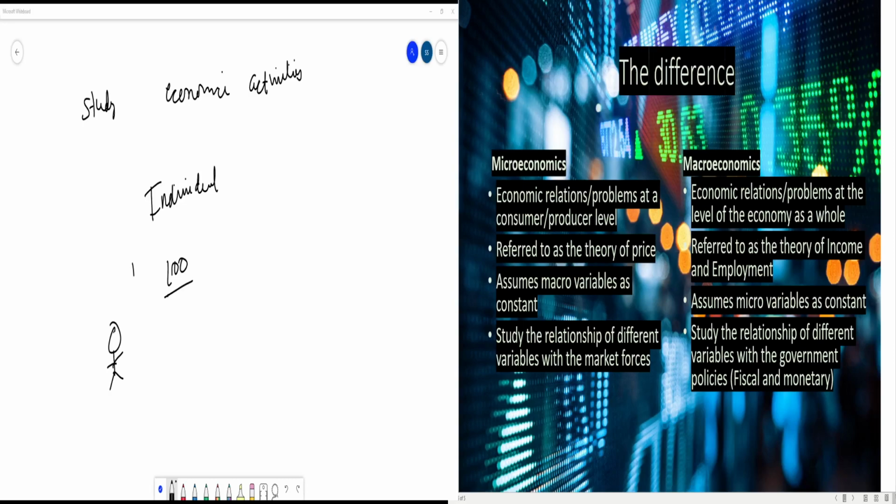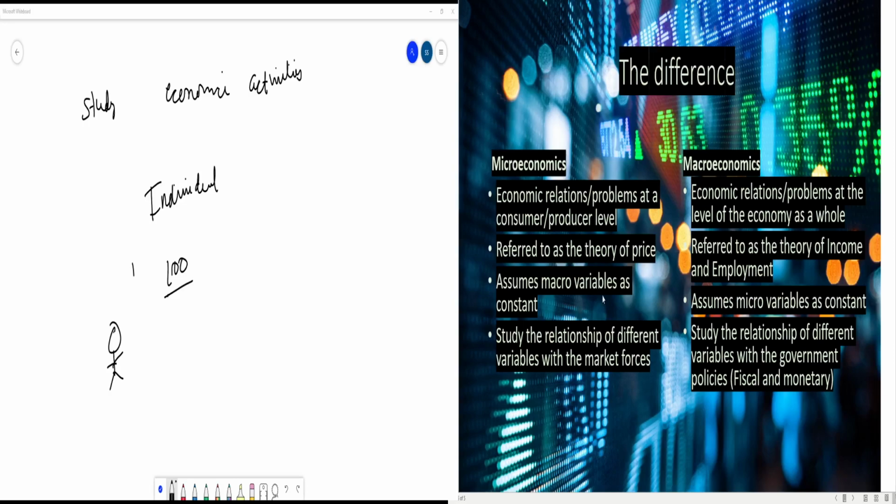You might have heard about these terms. These are related to income and employment, right? You can't look at the income of one person; you have to look at the income of the whole country, the whole economy, as well as the employment. That is why macroeconomics is also referred to as the theory of income and employment.